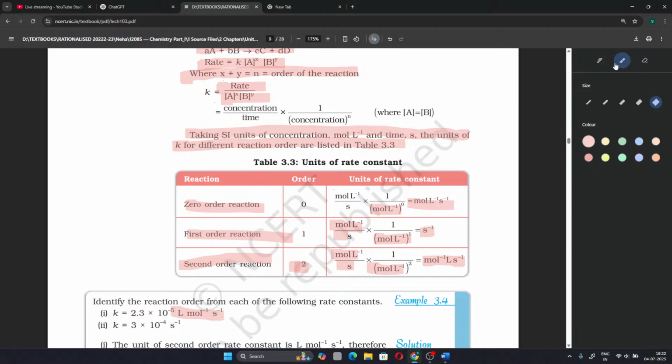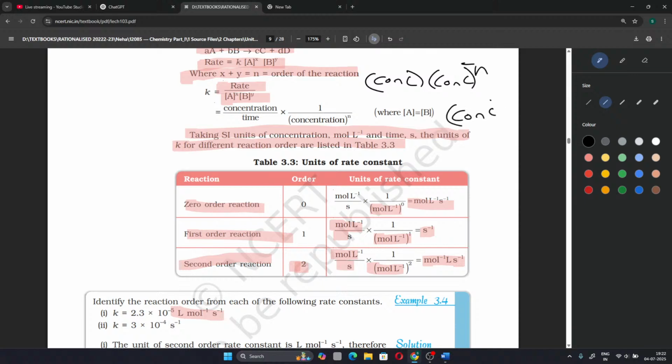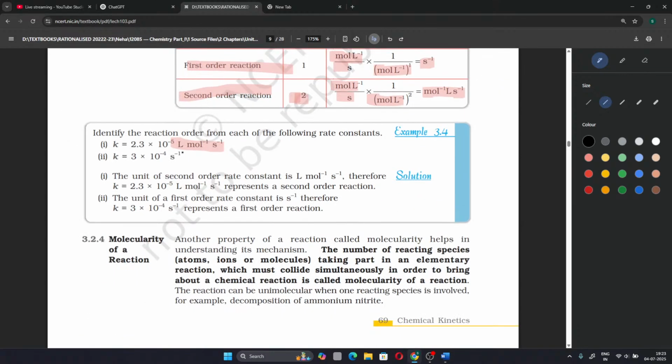We can write it as concentration^(1-n). Since concentration is mole per liter, with 1 minus n it will be mole^(1-n) and liter^(n-1). Here we get a second order reaction for this one.